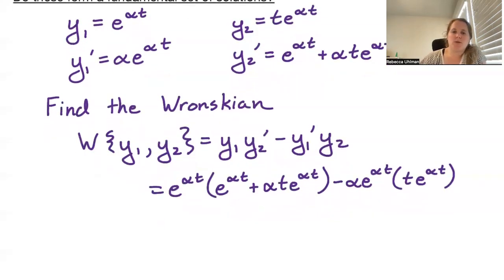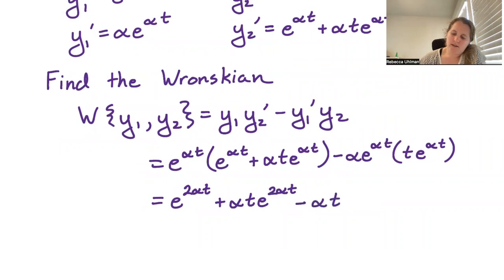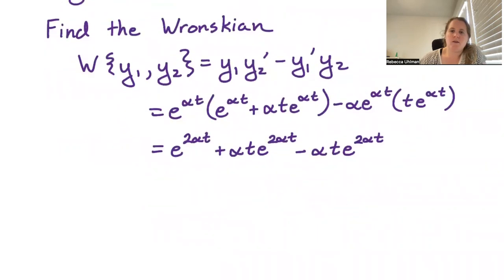If we do our distribution and multiplication, this becomes e to the 2 alpha t plus alpha t e to the 2 alpha t minus alpha t e to the 2 alpha t. Those last two terms cancel out, and we are just left with e to the 2 alpha t.